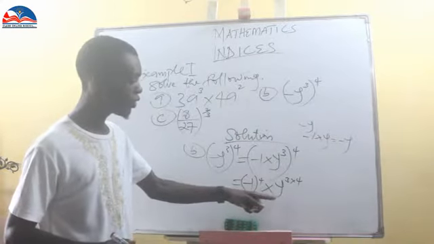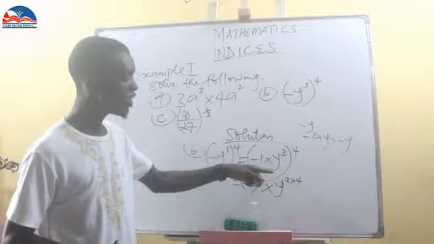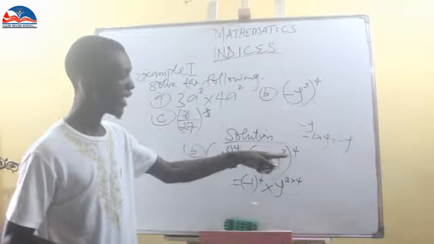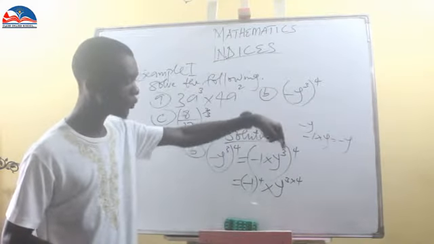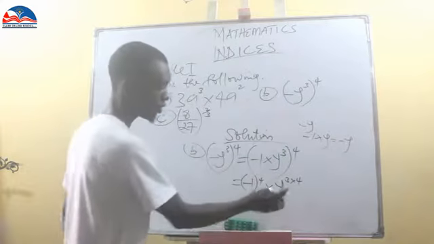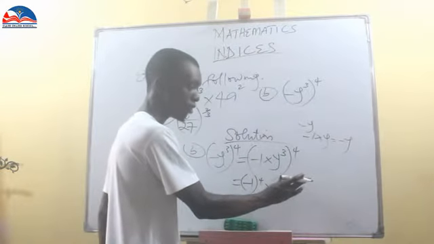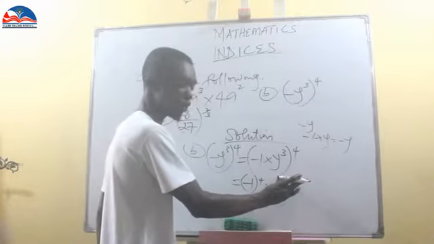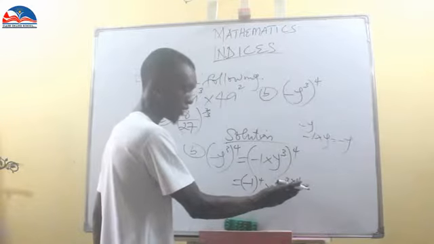Why is it like that? Because if a base is indexed in a bracket and indexed outside of the bracket, the two indices are multiplied. So the law of double index, law 3, holds here.